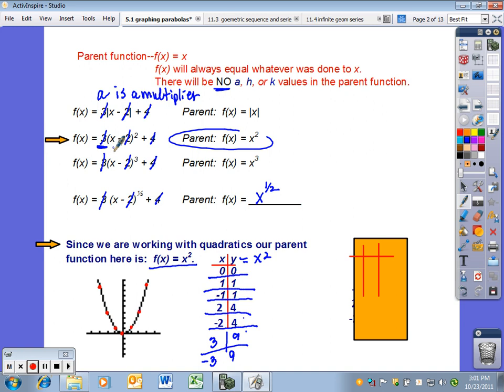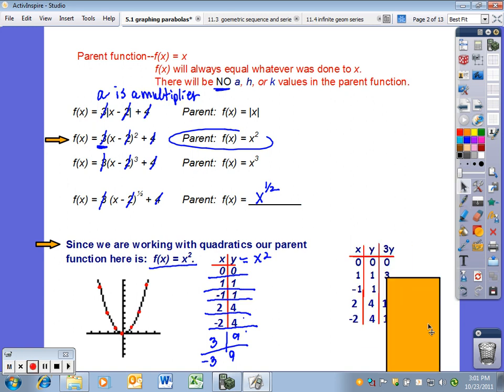Because I still put a 0 in for x, so I still got a 0 here, but in the end, I'd have 3 times as much on my y value. So when I do that, since a was 3, I triple my y's. So I take this 0 and triple it, I get 0. 1 tripled is 3. 1 tripled is 3. 4 tripled is 12. 4 tripled is 12. So a will multiply and stretch our y values.